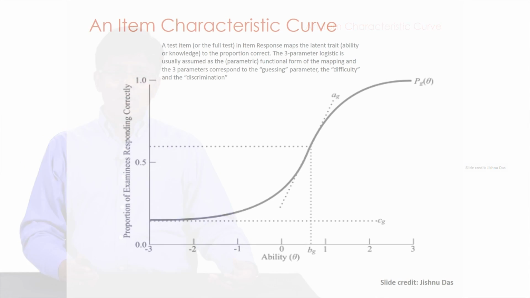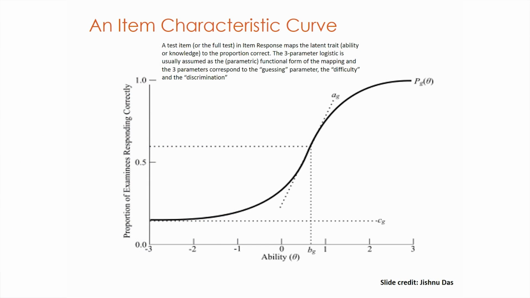Let me make this more concrete with the core idea, which is that of an item characteristic curve. On the x-axis you have this measure of ability, and the curve is the property of a specific question. Every question in an IRT model, and this is what's called a 3-parameter IRT model, has 3 pieces to it.